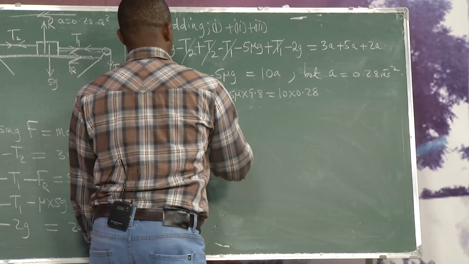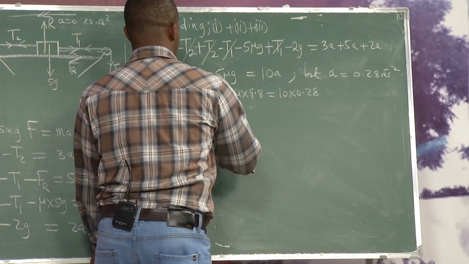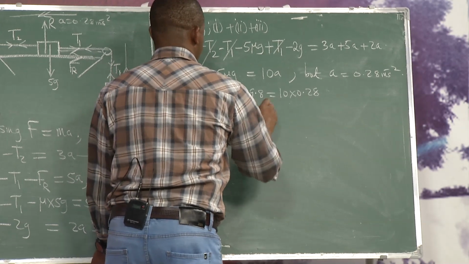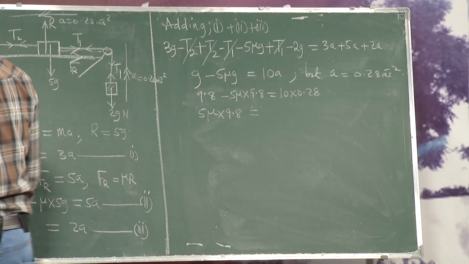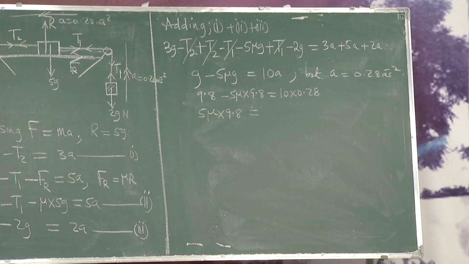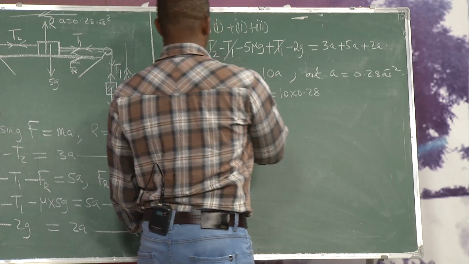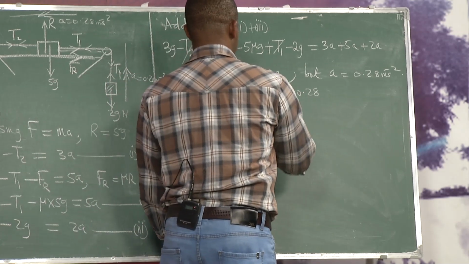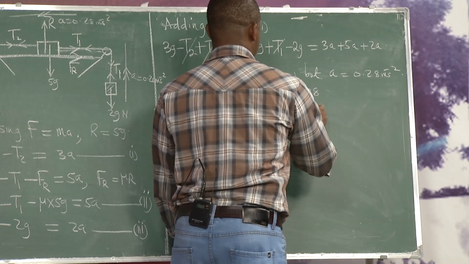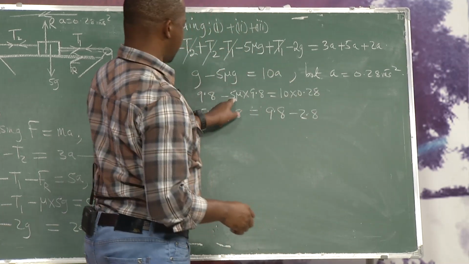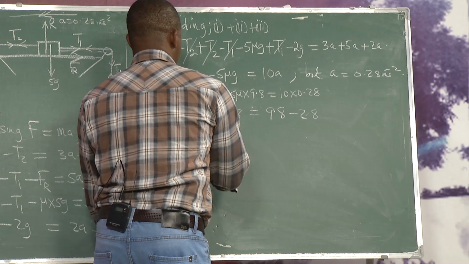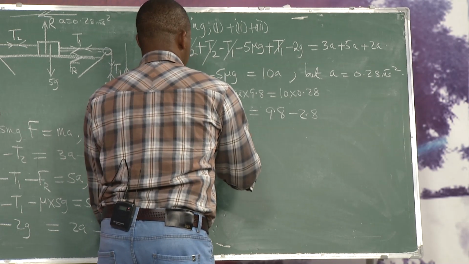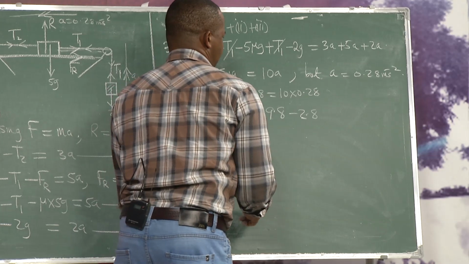And I can say that 5 mu times 9.8, if I make it the subject, 5 mu will give us 9.8 minus 2.8. If I make it the subject by taking it there, I must subtract this there. So my 5 mu times 9.8 will actually give us 7.